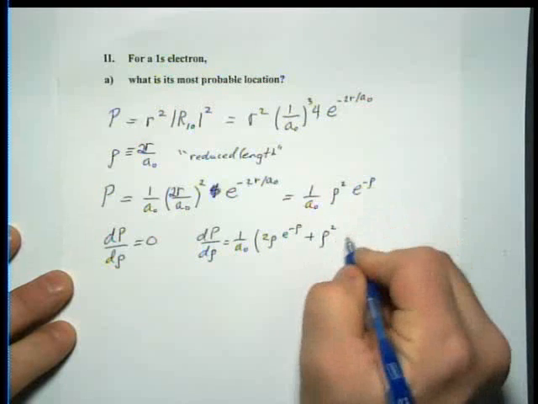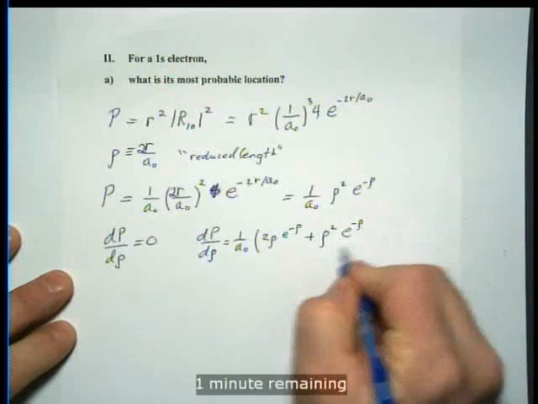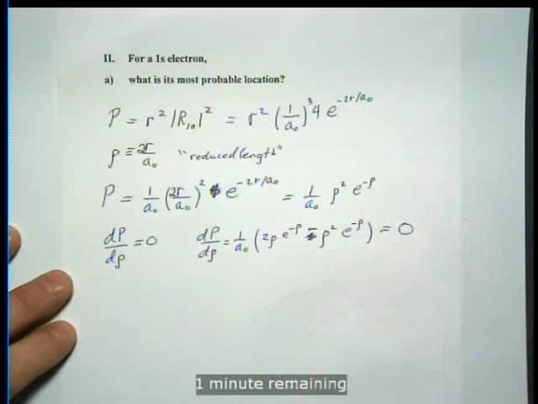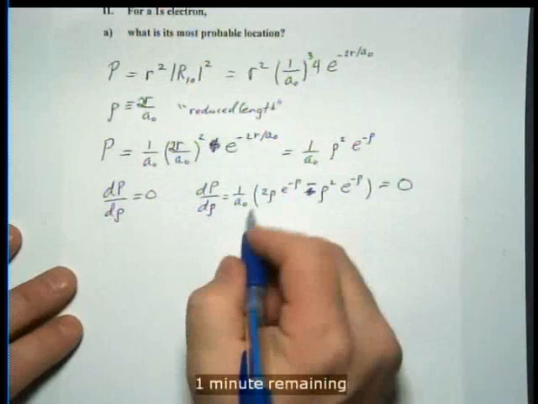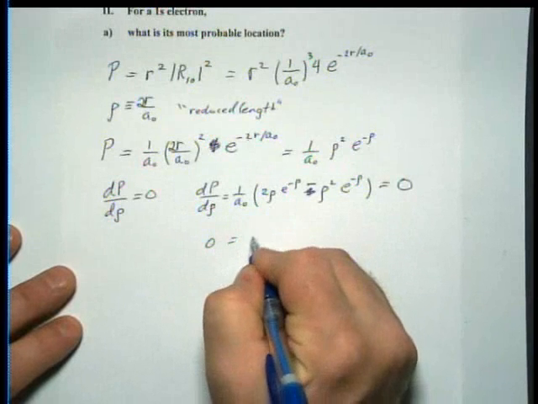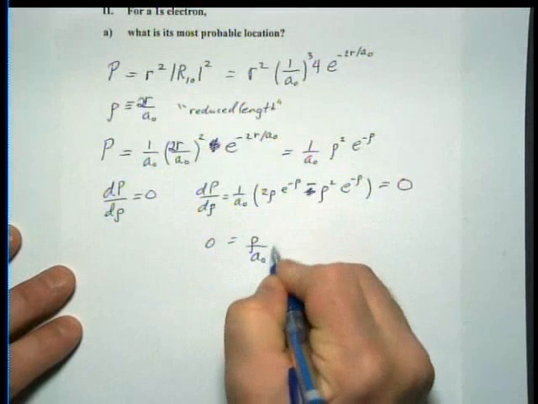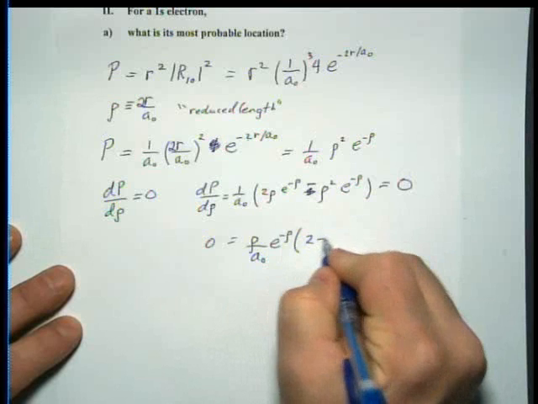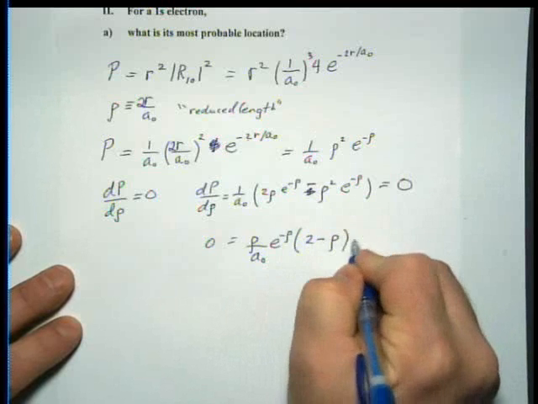Take the derivative of this, I get e to the minus 2 rho, times minus 2. So 0 is, I can factor out a rho, I can factor out an e to the minus 2 rho, and I get 1 minus rho.